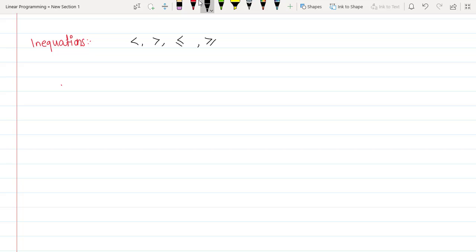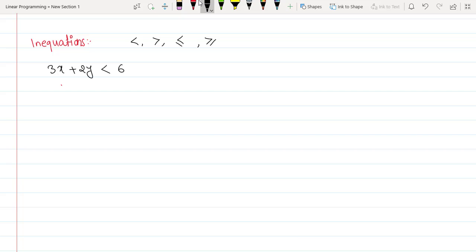Suppose we have 3x plus 2y less than 6. If I say so, can we say this is an inequation? Of course, because it does not have the equal sign, it has a less than sign. That's why this is known as an inequation.